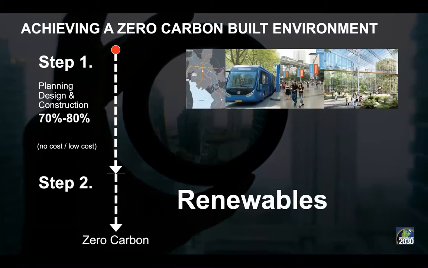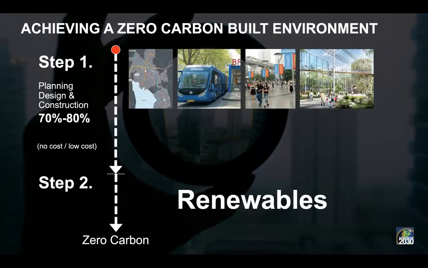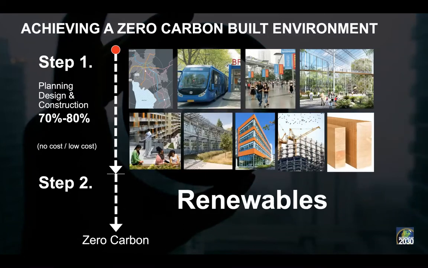That's everything from growth boundaries in urban areas to transit development, to walkable communities, urban agriculture, everything way down to the building scale, the form of a building, where you put the glass, how you shade the glass, the materials we make the building out of, the construction types, passive heating, cooling, and daylighting strategies.